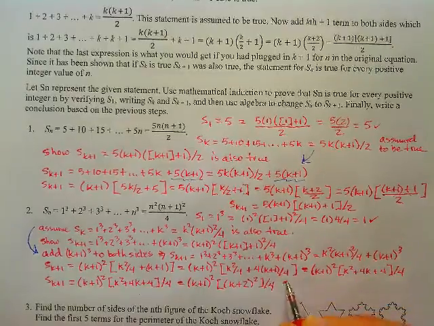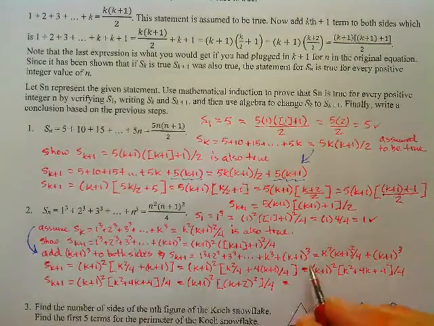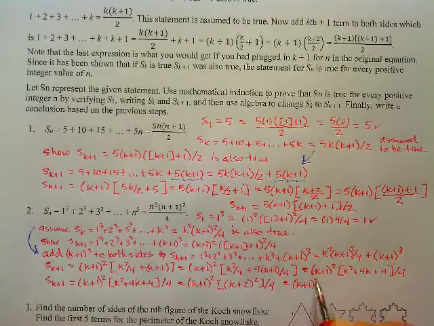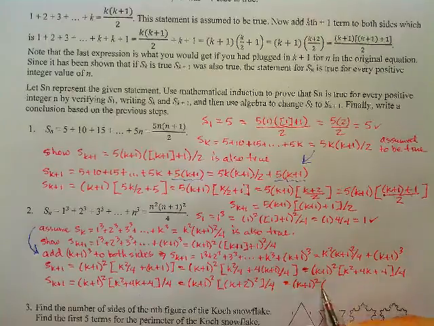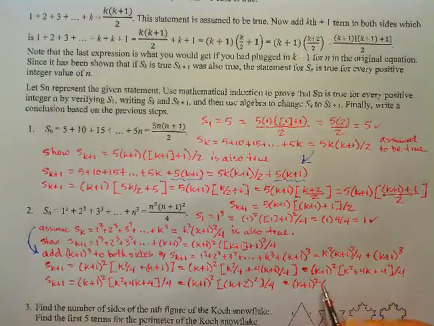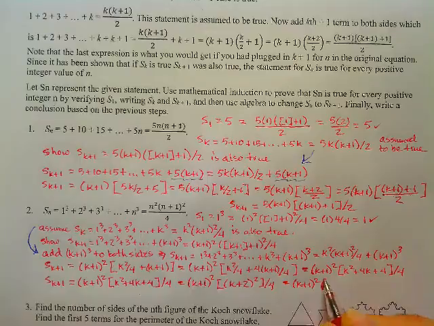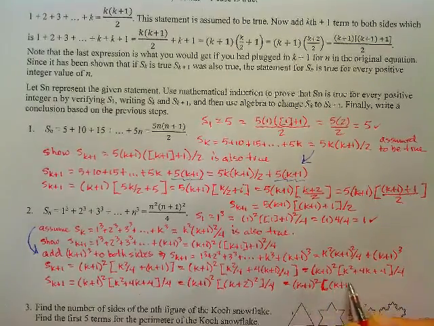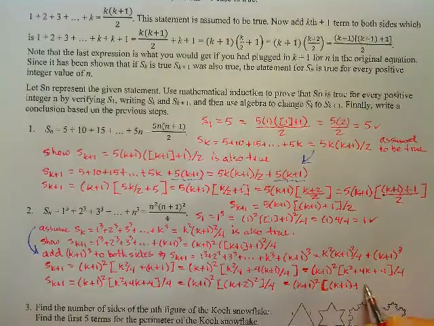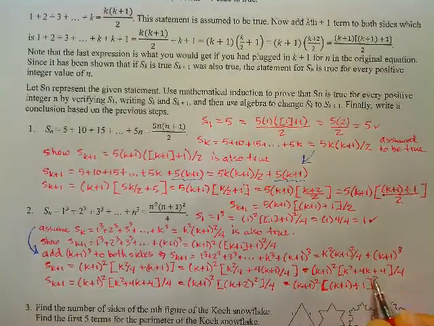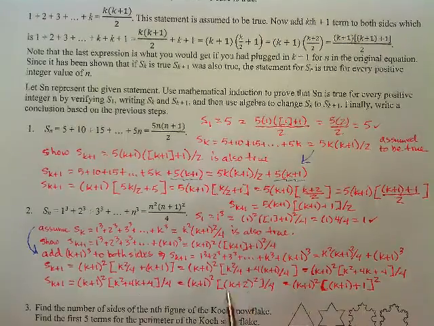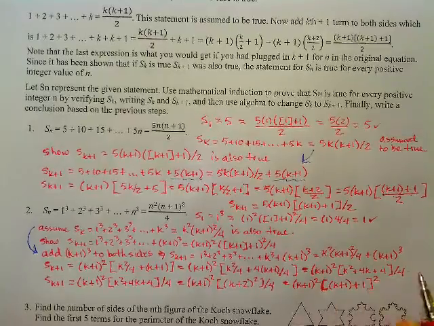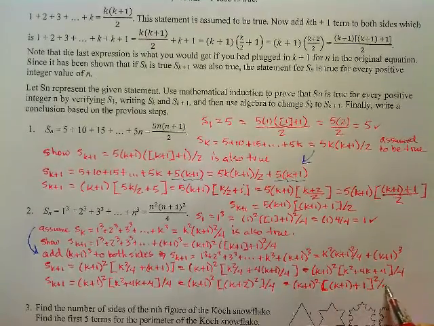And then I can separate it, so I still have my (k+1) squared, but now this part I'm going to make k plus 1 plus 1. So what was (k+2) quantity squared is now (k+1+1) quantity squared, and it's still all over 4.